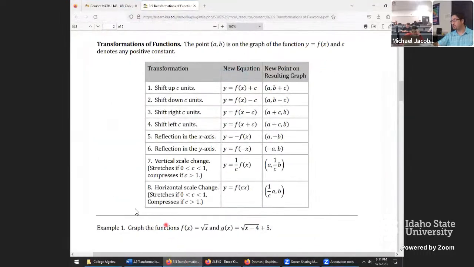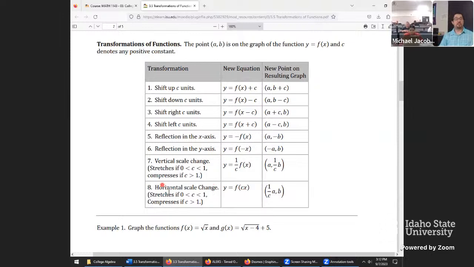Where it comes from is on these right here. If you have a constant next to f of x, not next to x, but next to the function, think of the f here like the absolute value function, for example, then you're going to have a vertical scale change, compress or stretch, depending on the magnitude of your constant c. If it's next to x, well, it's a different kind of compression.